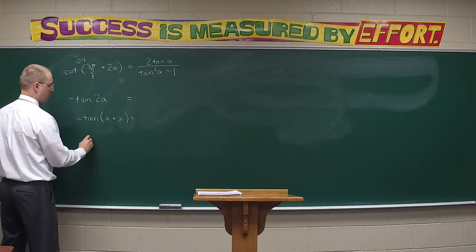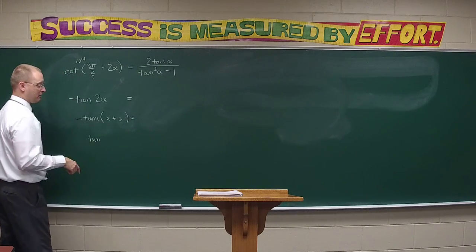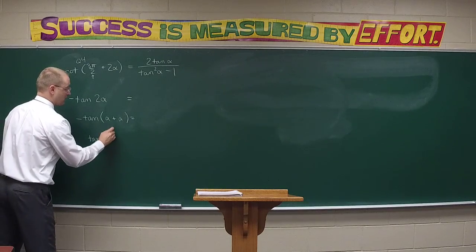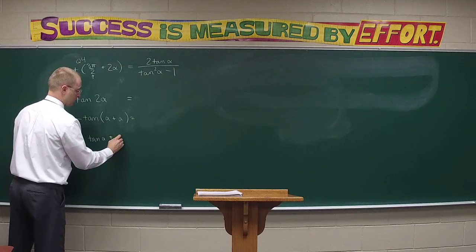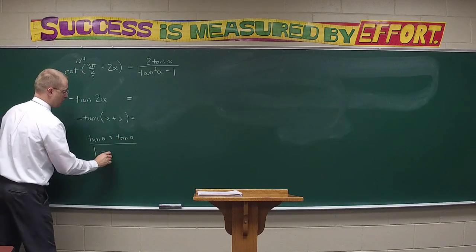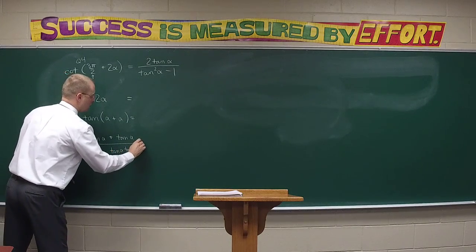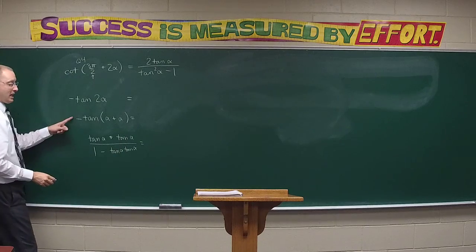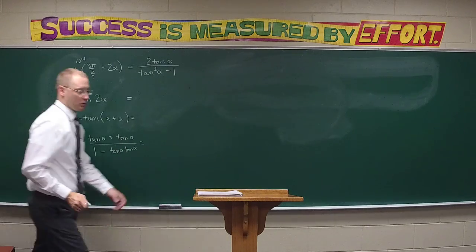It's tangent alpha plus or minus, in this case plus, tangent alpha all over 1 minus tangent alpha times tangent alpha. And since all of this has a negative in front, we'll put a negative in front. Now what should we do? Quentin?